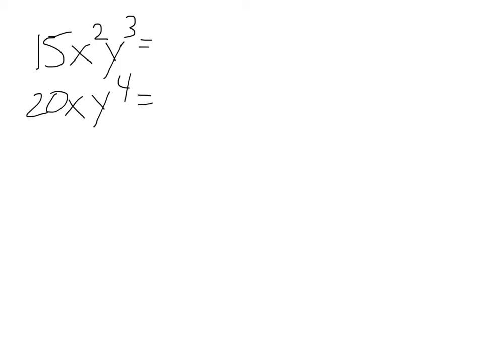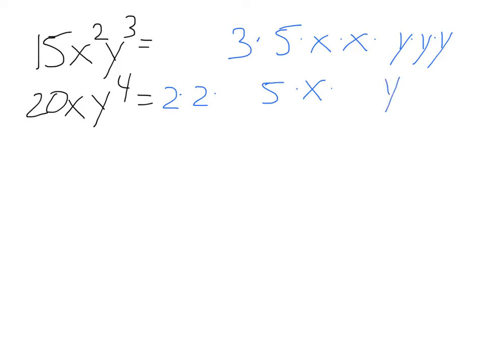Okay, if you did this right, you would have told me that 15 was 3 times 5 times x times x times y times y times y. You would have told me 20 is 2 times 2 times 5 times x times y times y times y times y.